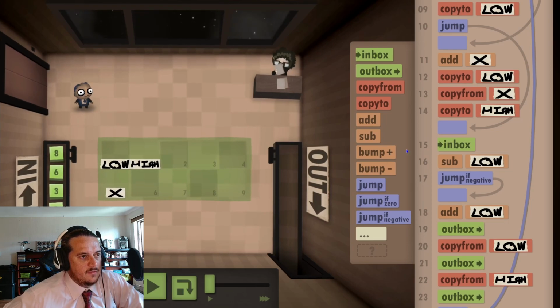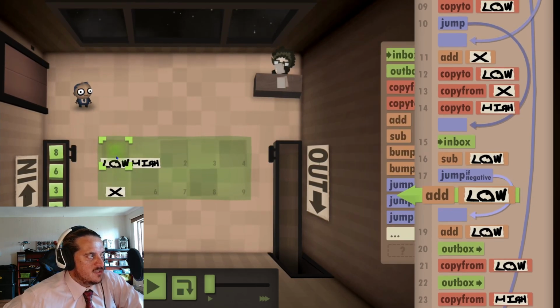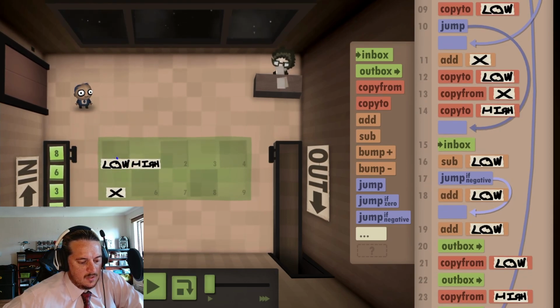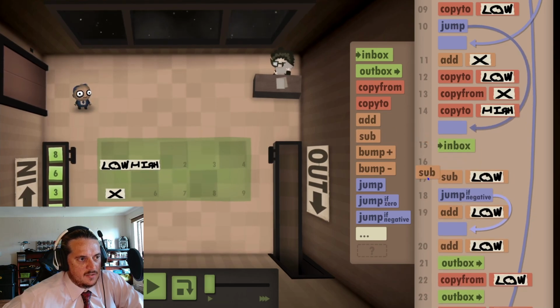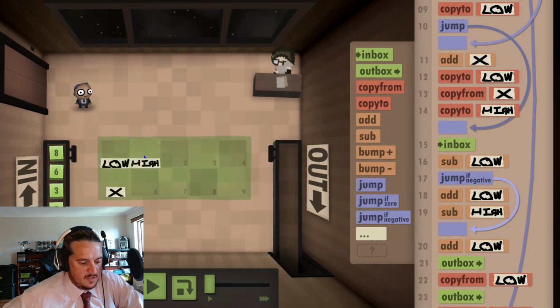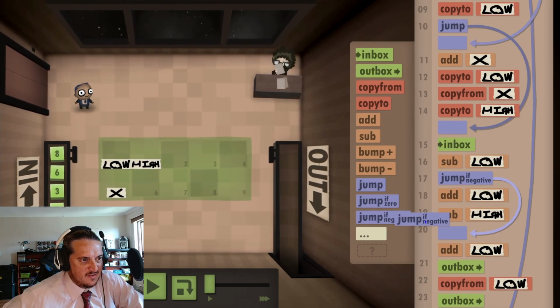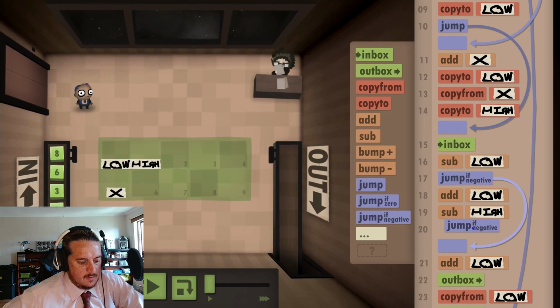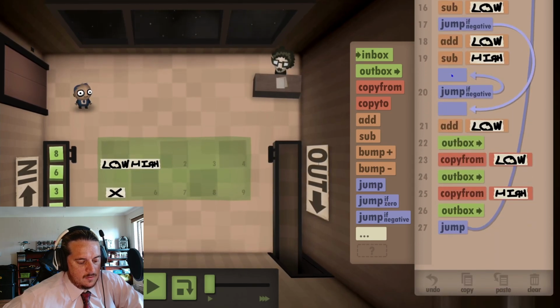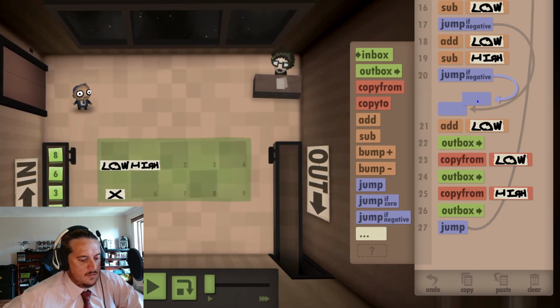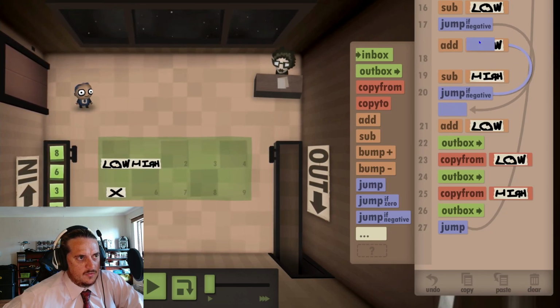we're going to add back low so that I've got the same number to work on. I'm going to minus high, and then if that's negative, I'm going to go... where am I going to go? I'm going to go to a new place.